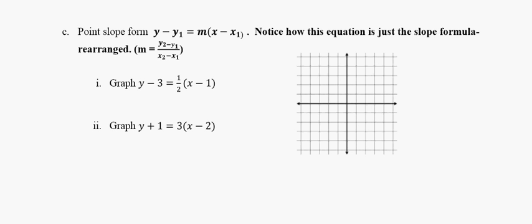Okay, the last form of the equation of a line we're going to take a look at is called point-slope form. Point-slope form is actually the most commonly used form, especially when writing equations of a line. It's very basic. You have a point and a slope. M is your slope, just like it is in y equals mx plus b.